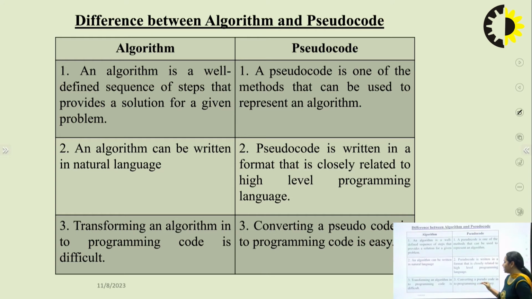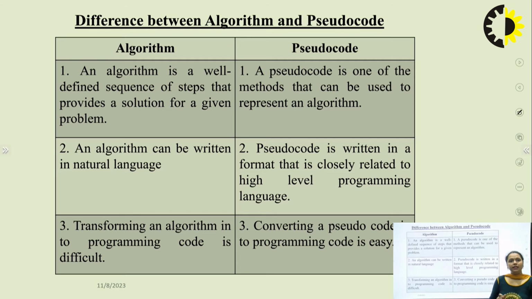But if a user writes a pseudocode, then it is very easy to convert the pseudocode to the programming language, because pseudocode is written in a format which is near to the programming language. So it is using the syntax of the programming language. That is why pseudocode to program conversion is very easy as compared to algorithm to program.